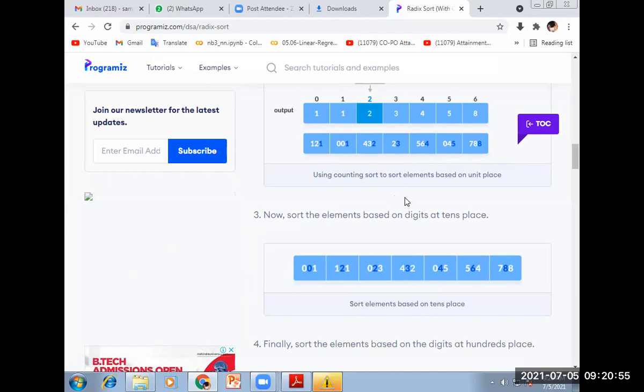So what we have to do is sorting. We are sorting decimal numbers, that is base 10. We assume that there are 10 pockets ranging from 0 to 9. Initially all the 10 pockets are empty.